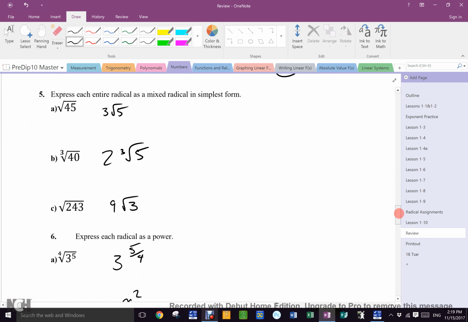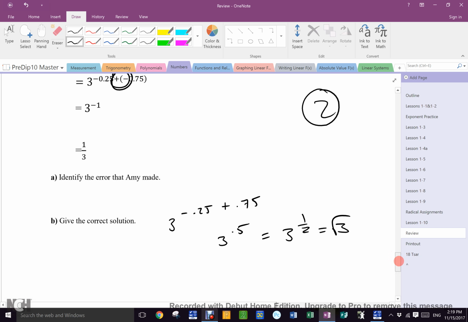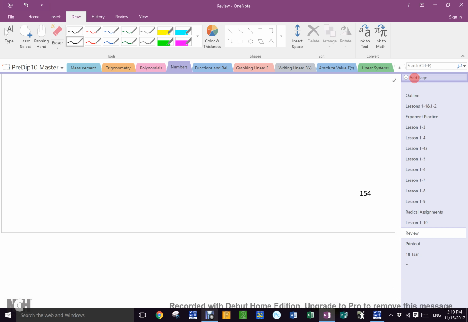Now, as promised, I said I would do a couple of rationalizing denominators, because when you rationalize the denominator, you also multiply. But first, can I do this?